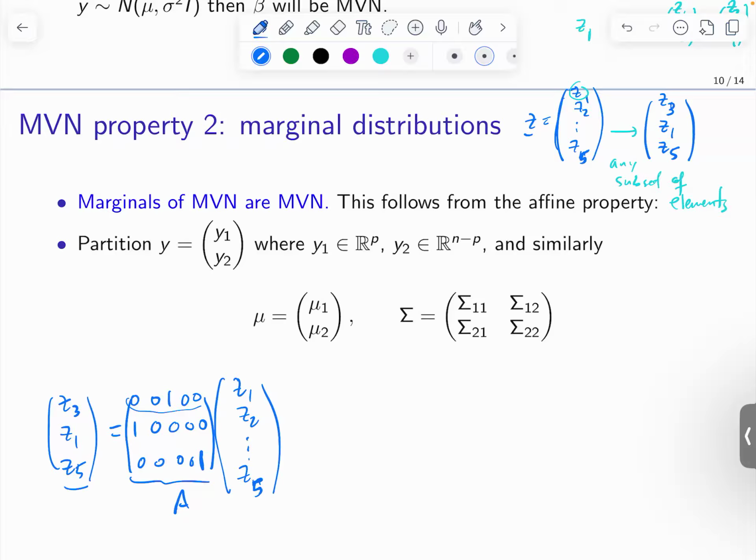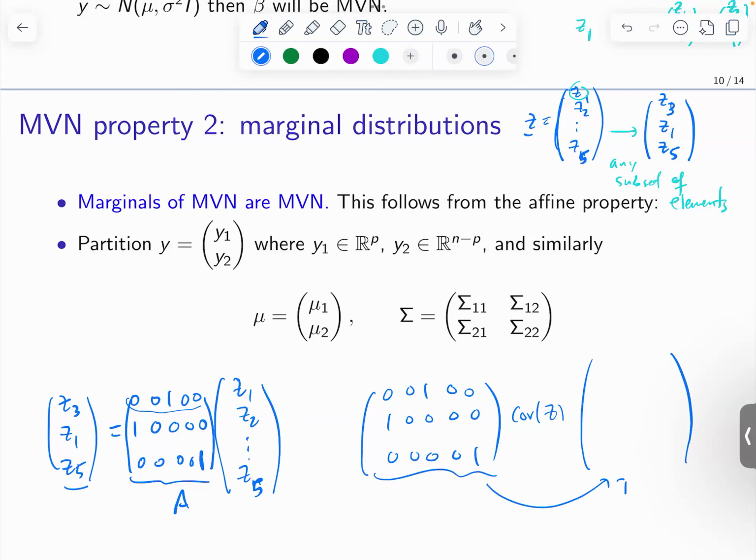So if you multiply out, a times the covariance of z and then the transpose of this, you get the covariance of z, which is obvious once you do it, because you know what the covariance matrix of this would be.